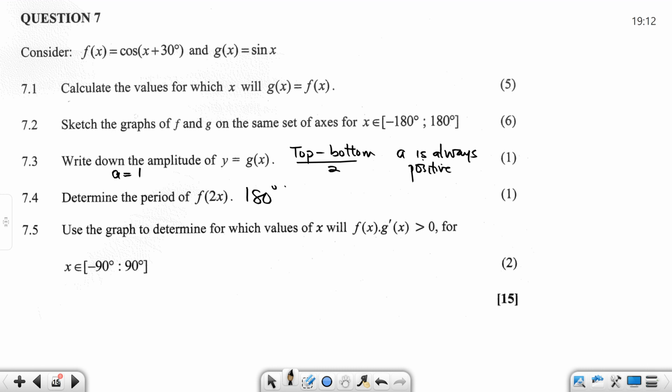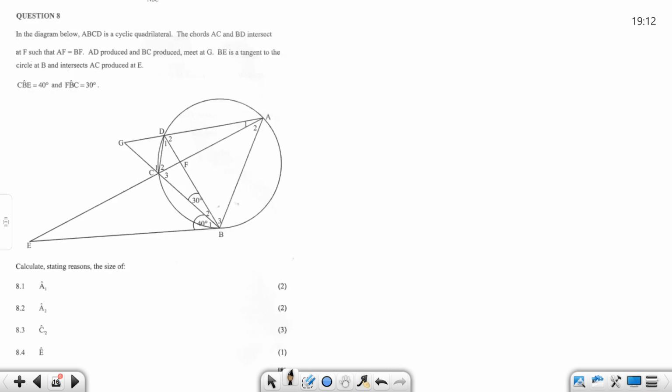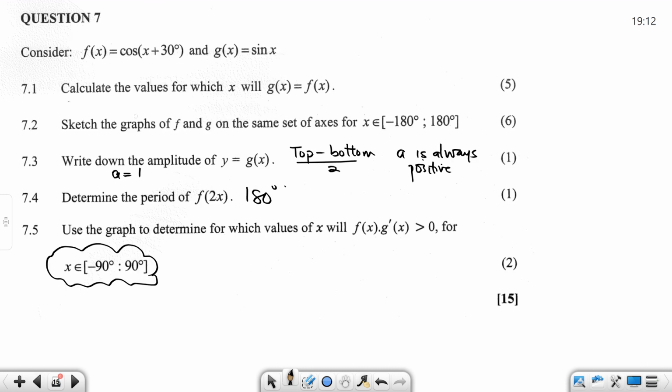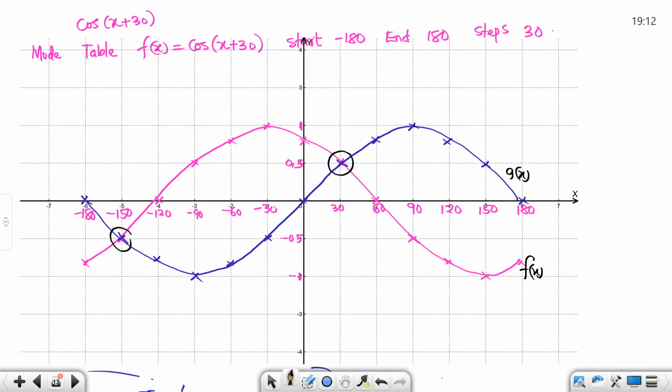All right, use the graph to determine for which values of x will we have the gradient. Is that okay? All right, let's check this. We have a domain of negative 90 to positive 90.